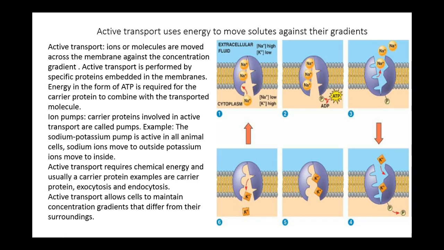On the outside, you have high sodium, Na+, and low potassium, that's K+. Those are ions, they both have positive charge. Inside the cytoplasm, you have low sodium and high potassium. So I said it wrong in the beginning. You have high sodium, low potassium outside. Inside you have low sodium, high potassium.